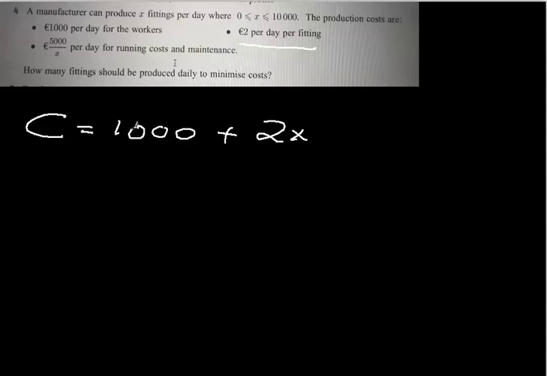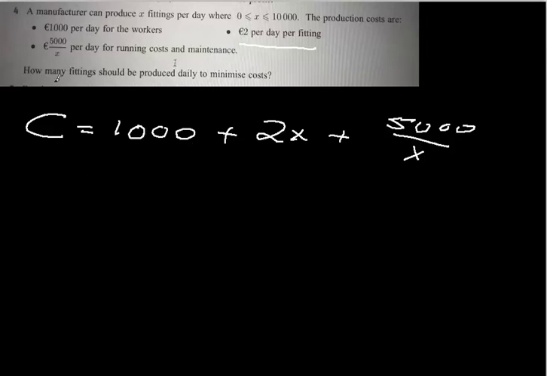So $1,000 per day, 2 times the number of fittings per day, and finally we have 5,000 over X euros per day for running costs. So we add this as well, and we have 5,000 over X, and that is our total cost for creating these fittings per day.